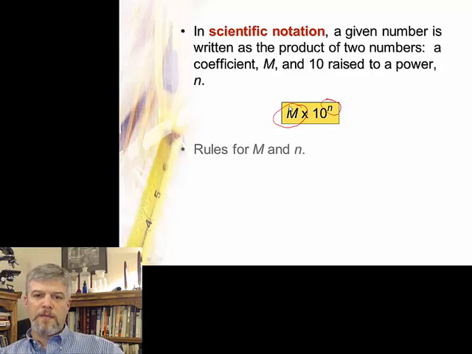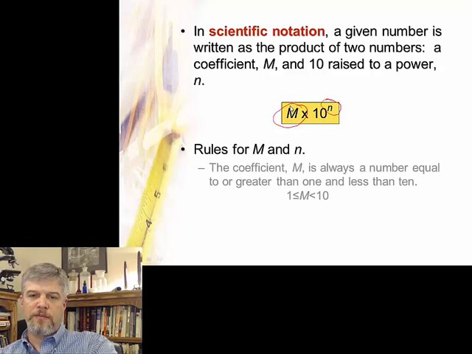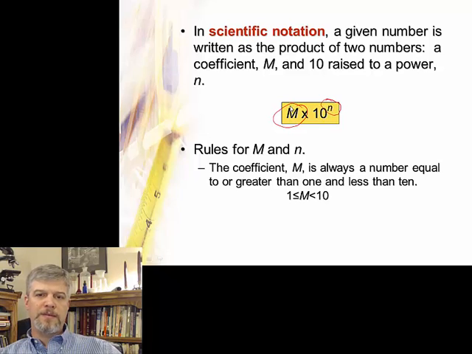First of all, the rules for m. I've seen this error quite a bit from some of our class, so we want to make sure that this is understood. The number in the front has to be a number somewhere between 1 and 10, and it can be equal to 1. You see that down here, but it cannot be equal to 10. So it can be 9.99999, but it cannot be equal to 10.